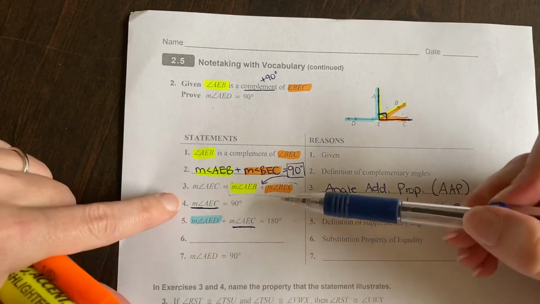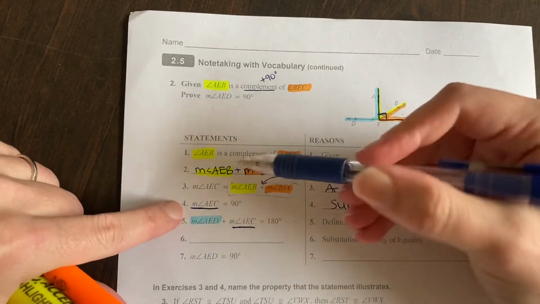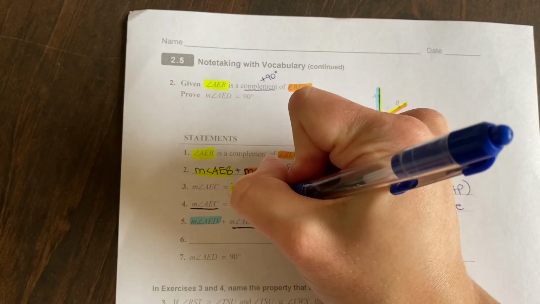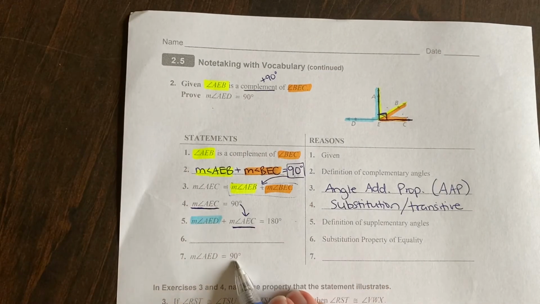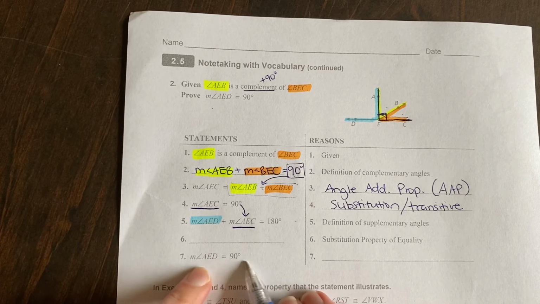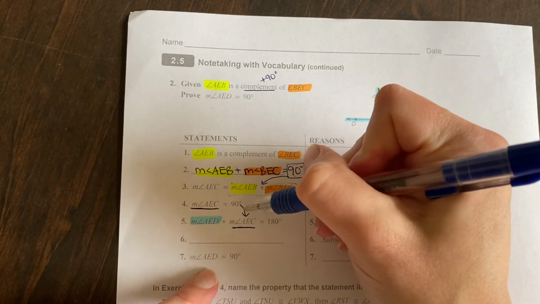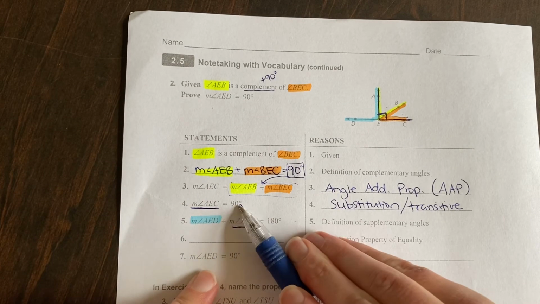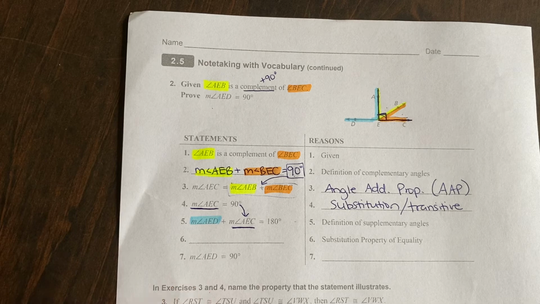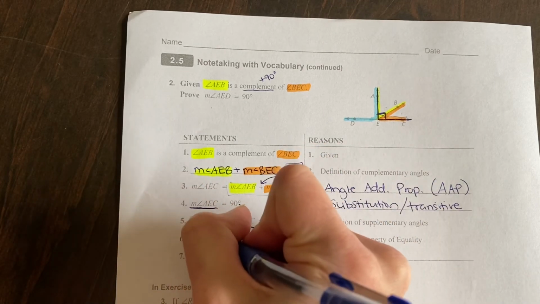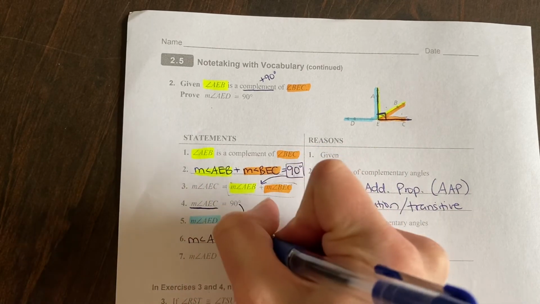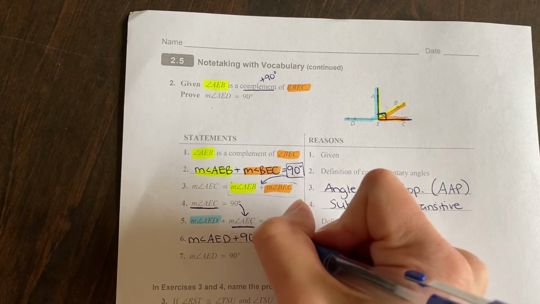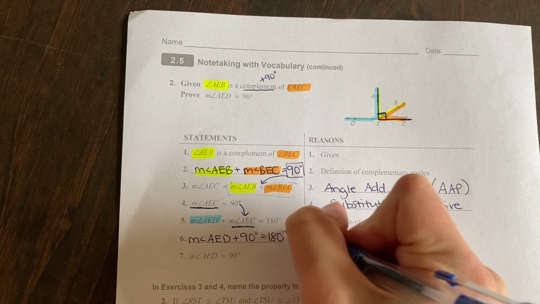If AEC is equal to 90, we're going to substitute 90 in for the measure of angle AEC, because we know that it's equal to 90. So let's go ahead and do that. We're taking 90 degrees and substituting it in, rewriting this equation.